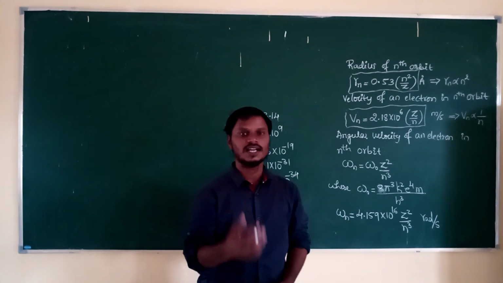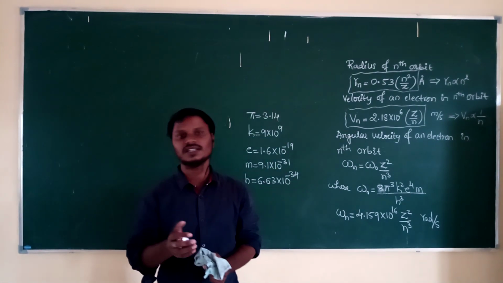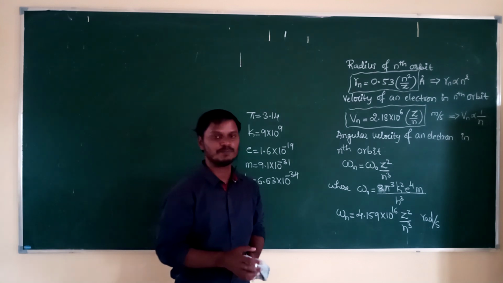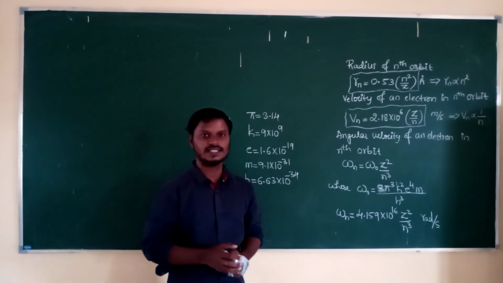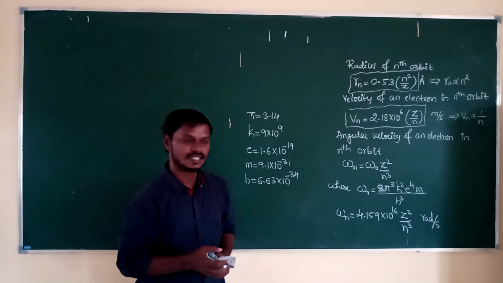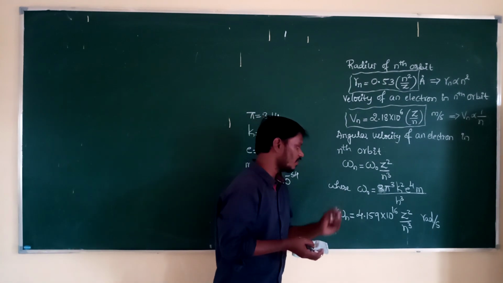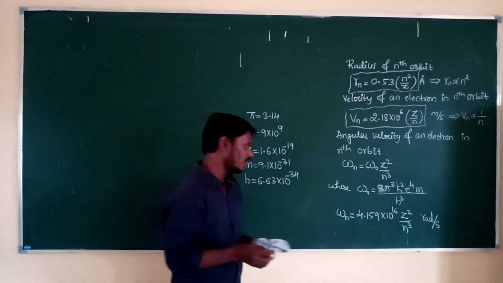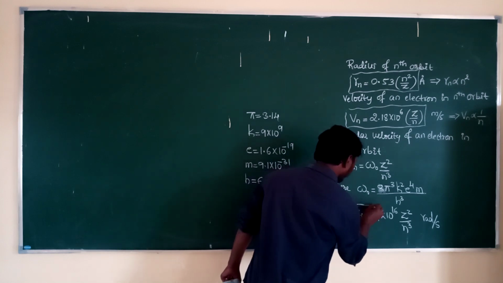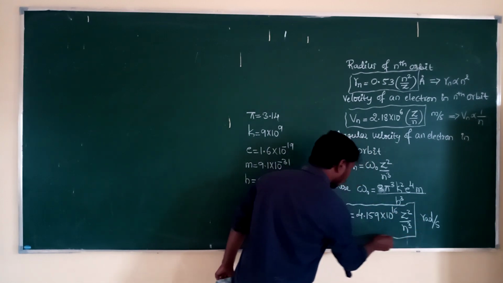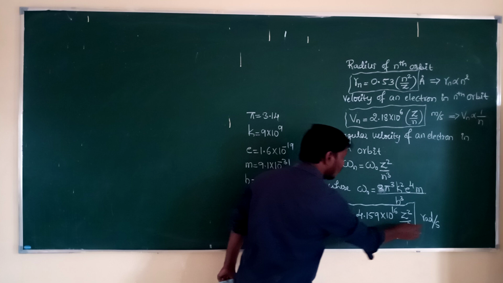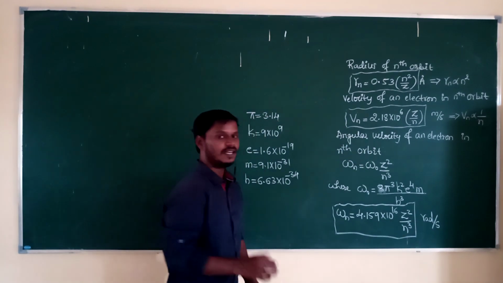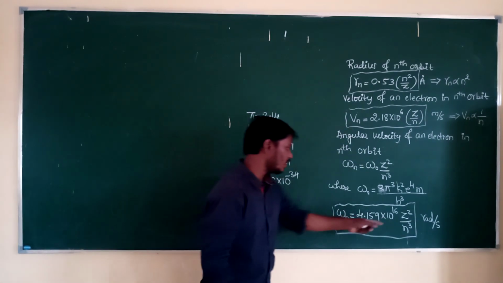Angular velocity is nothing but the angular displacement per time taken. Angular displacement is measured in radian and time taken is measured in second. That is why the angular velocity is measured in radian per second. Linear velocity is measured in meter per second, but the angular velocity is measured in radian per second. And for the hydrogen atom, the Z value is how much? 1.